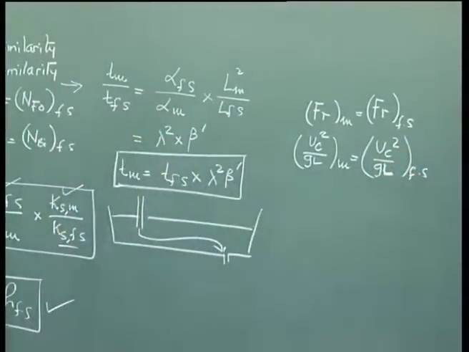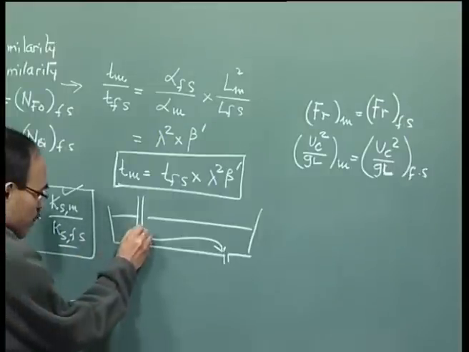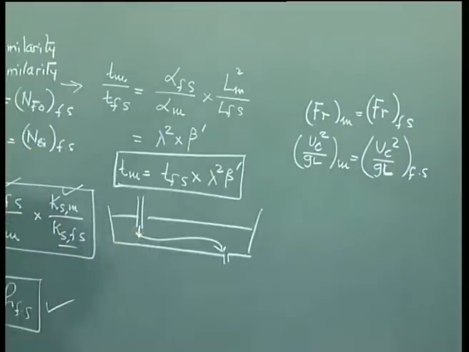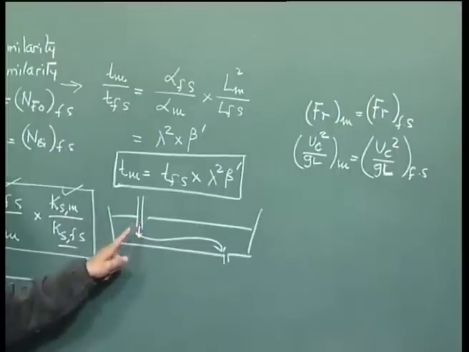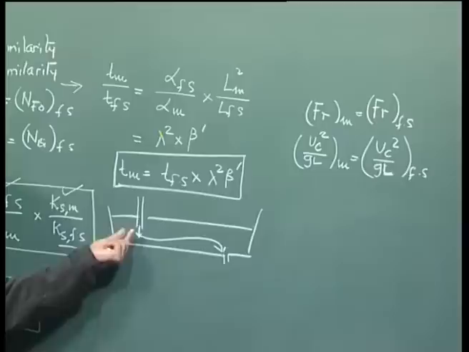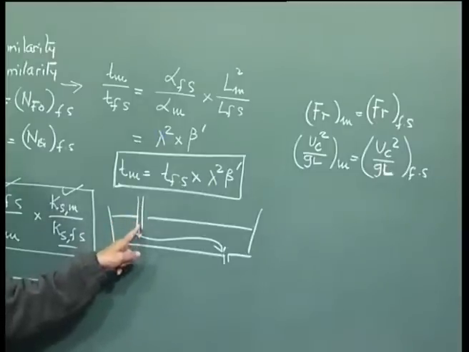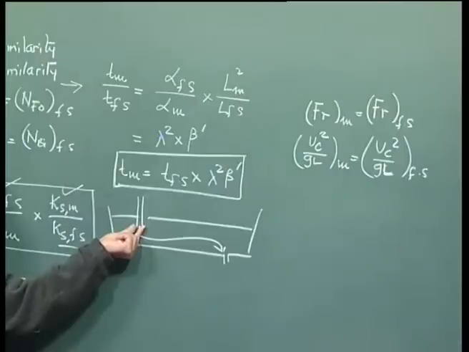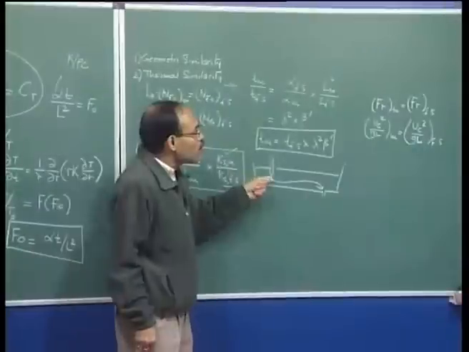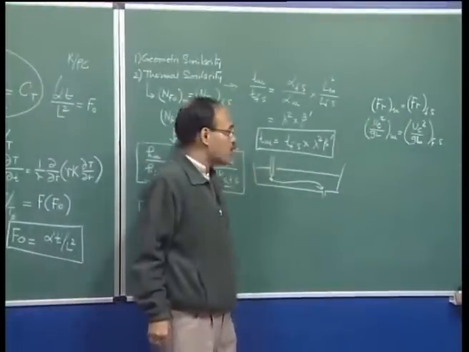If I consider the characteristic velocity as this particular velocity, what is the velocity? Velocity is nothing but volumetric flow rate by cross sectional area. So, I take the volumetric flow rate Q inlet divided by the cross sectional area of the nozzle, then I get a velocity, and that velocity I can ascribe to be equal to Uc.